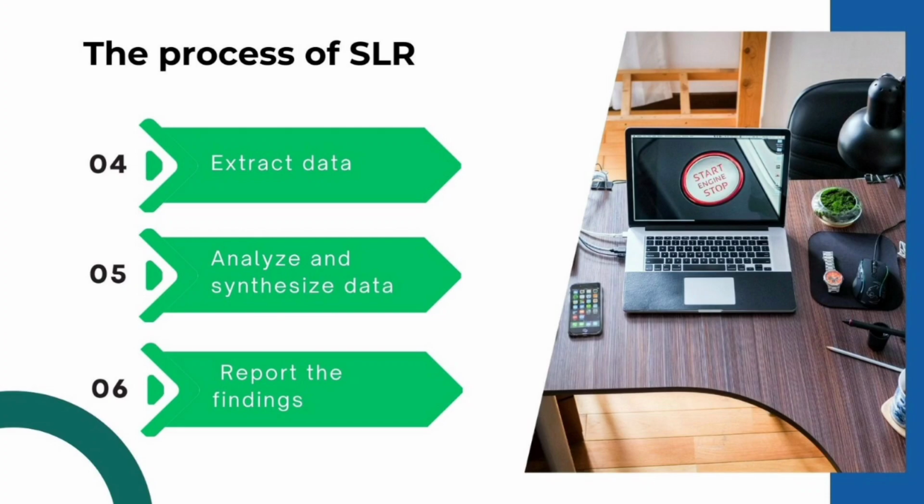And at the last phase, we report our findings. So these were the 6 phases which we follow during literature collection, during SLR, whether it is for our proposal or thesis, or for any survey paper or other scientific paper.